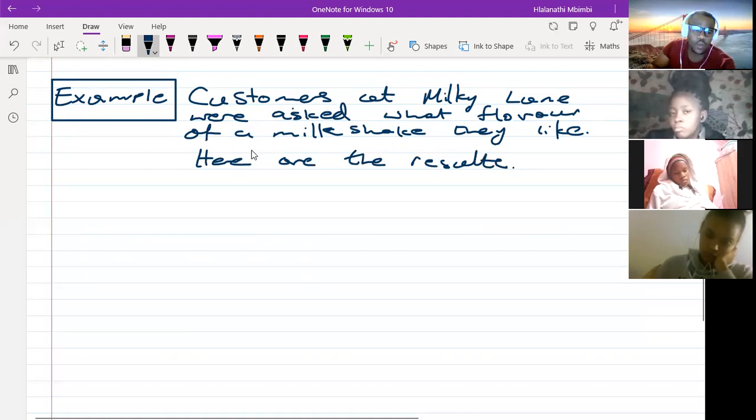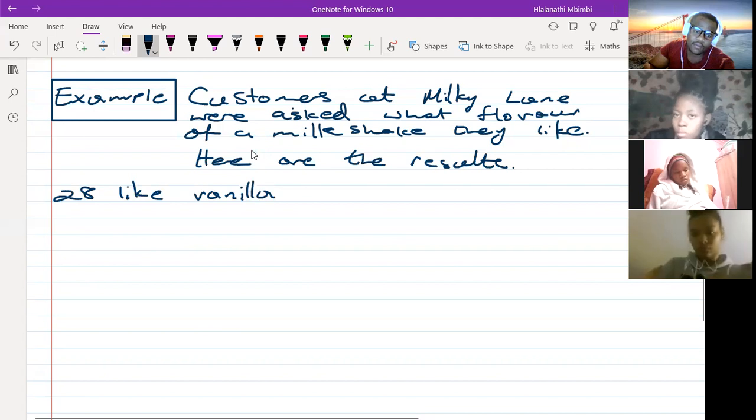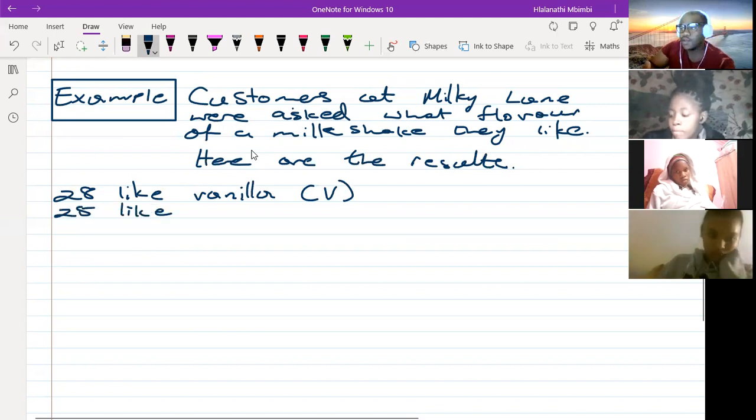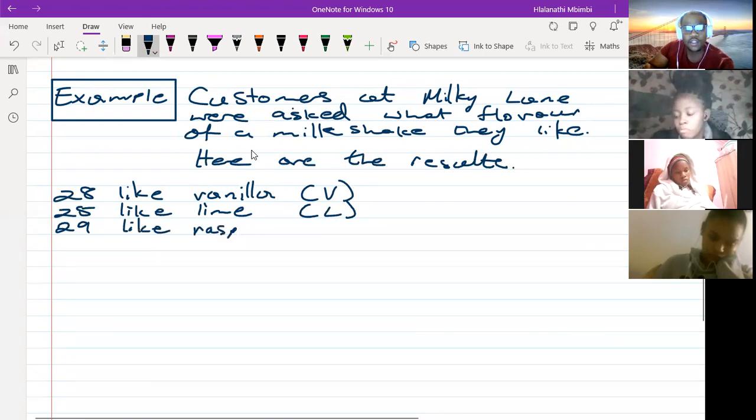Okay, so we had 28 that like vanilla, which we can represent with a V. We had 25 that like lime, and we have 29 that like raspberry.